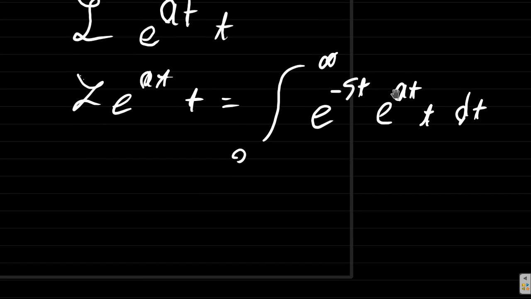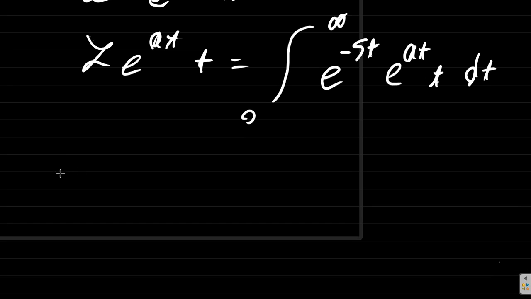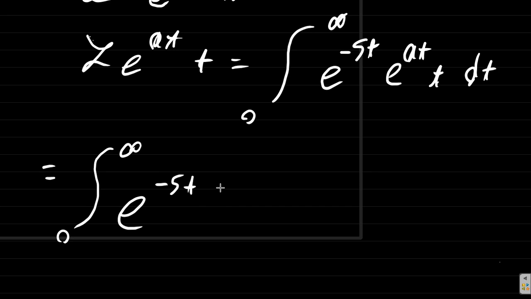Look at this. We could use our knowledge of indices to combine these, right? Now, this is equal to the integral from 0 to infinity of e to the, you add the indices: the same base e raised to different indices that are multiplied, you add the indices, so it's negative st plus at, times t dt.